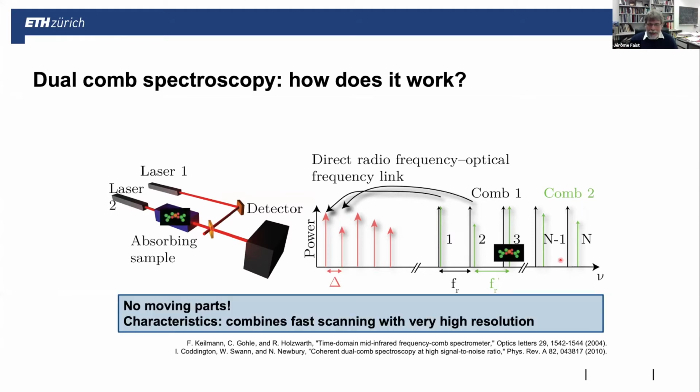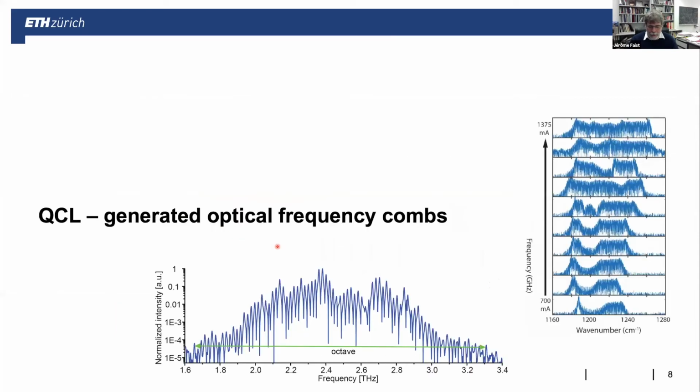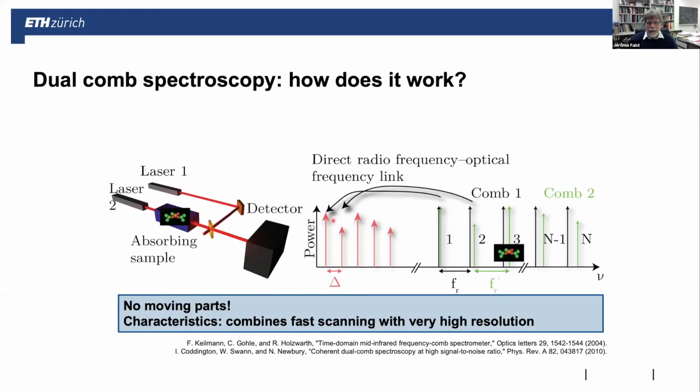Now, of course, the next application of this for spectroscopy is obvious. Imagine you introduce a molecule that absorbs some lines in the optical domain. Those lines, when mixed in the detector, will have lower intensities, and therefore you map the spectrum in the optical domain onto the electrical one.